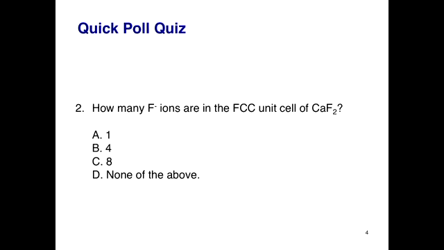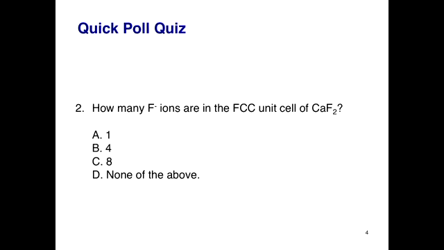Vote now. Okay, so most have gone for C, but it's close between B and C. 43% have gone for C.